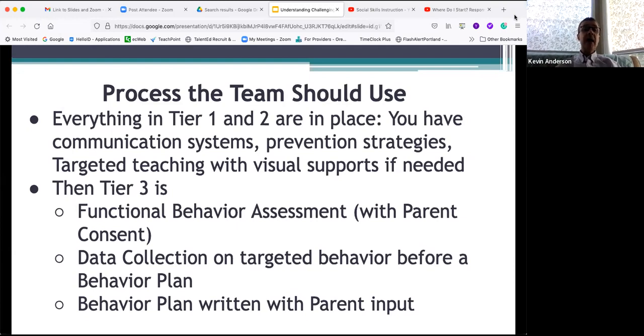Once you have given your consent for that assessment, and the school team has collected all of that data and information, you again as a parent should be invited to the table to help write that behavior plan and have some input around what is going to happen. Ultimately, the behavior plan is really about what we as the adults, the ones who can control the behavior, are doing.